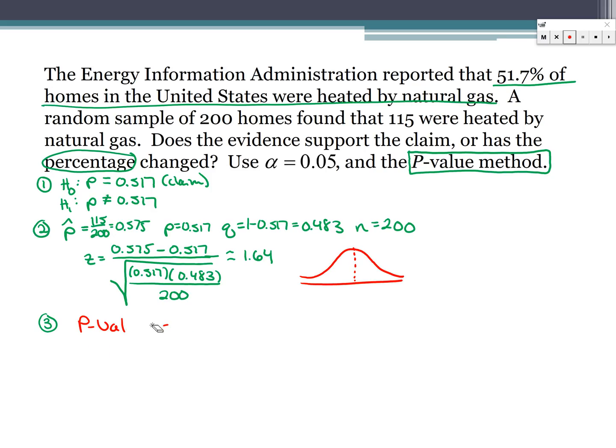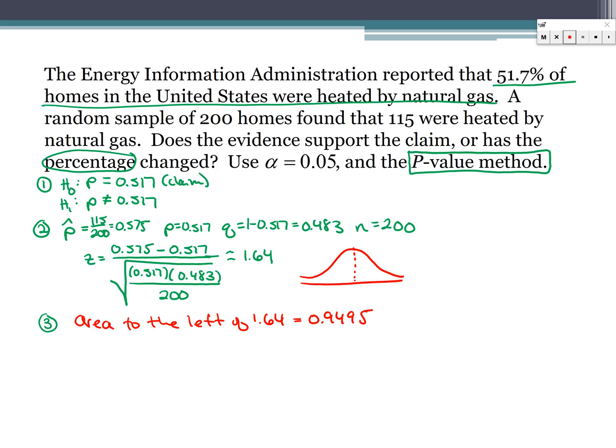We haven't had to deal with this one yet when we've done p-value. Our test value has ended up to be negative, at least in all the examples I've done with you.